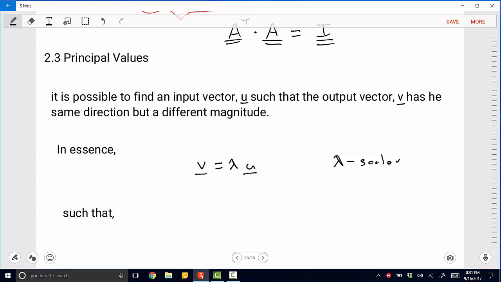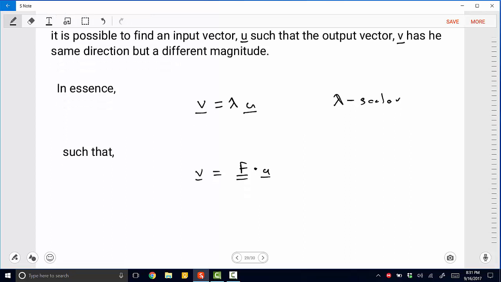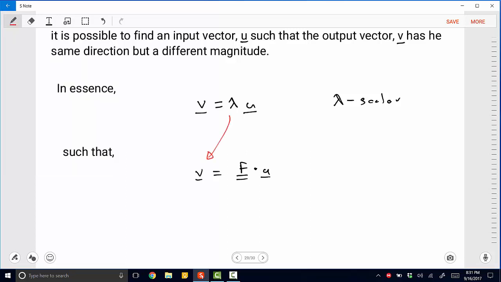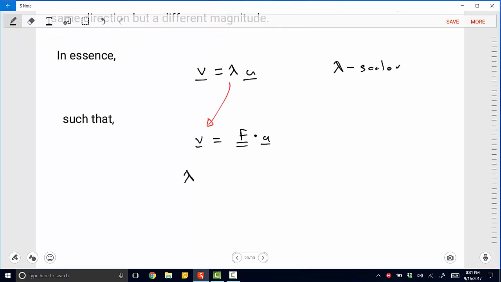Now, if we do this, remembering that the tensor f dot product the input vector is equal to our output vector, well, if we pull this relationship in, we'll find lambda u is equal to f dot product u, right?